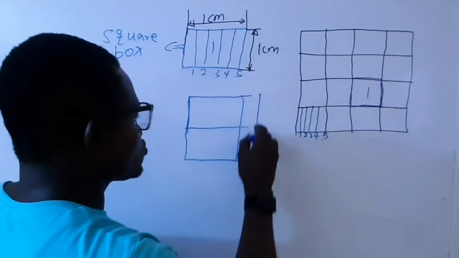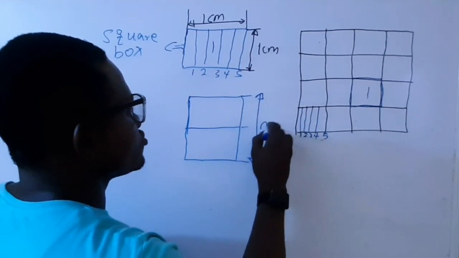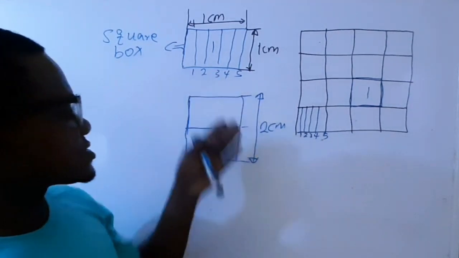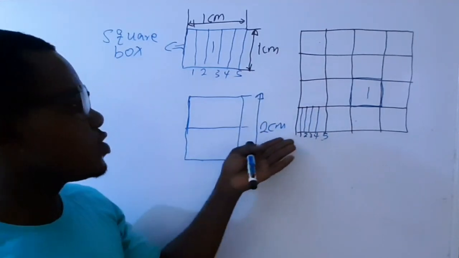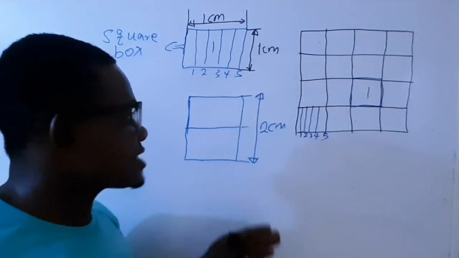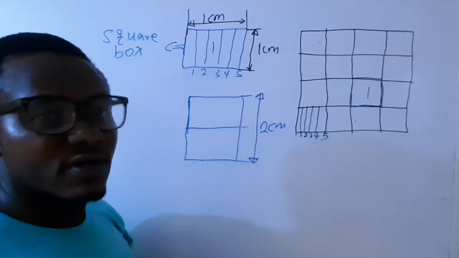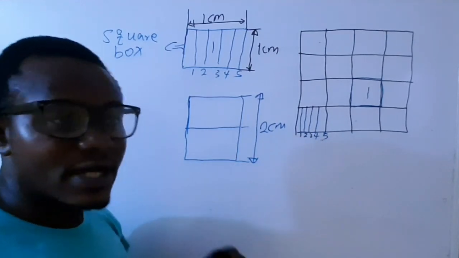Putting the two together will give you 2 centimeter. You see now, 2 thick lines, that means 1, 2, 3 lines will give you 2 centimeter. Please understand this, because it will help you pick your answer from the graph. It will help you locate any point on the graph. Are you getting me now?